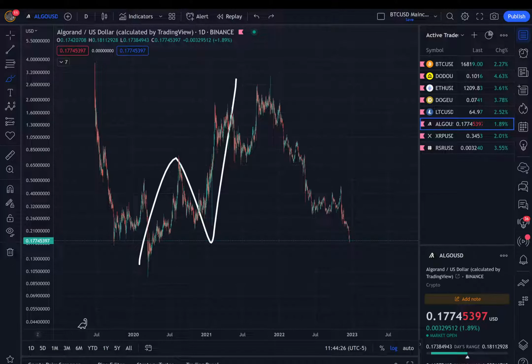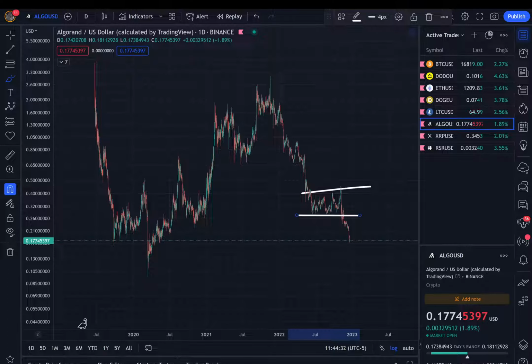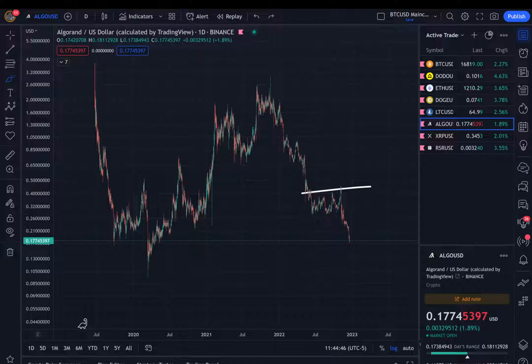It's a little different than our analysis on Bitcoin. And again, it's because that accumulation range, which in Bitcoin, in Ethereum, in Dodo, represented the bear market accumulation of the drawdown, is a little different in Algorand. Okay, so the analysis has to be different.